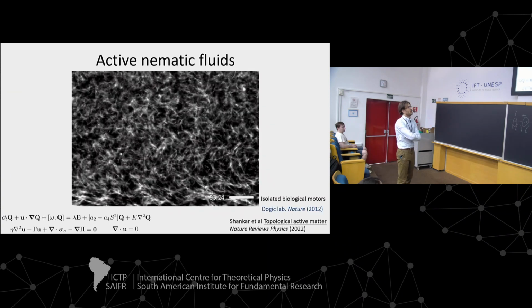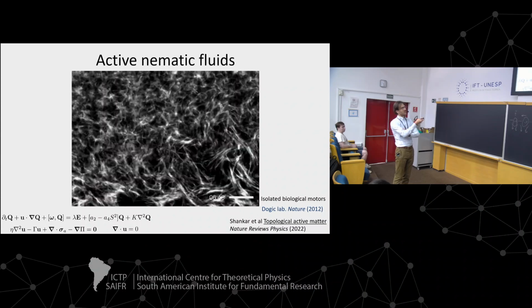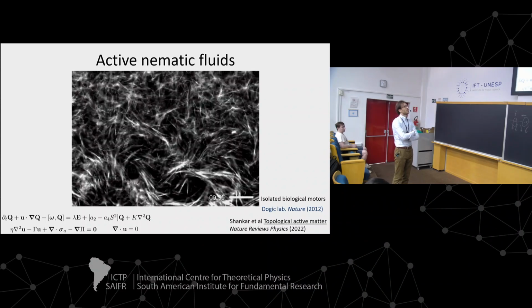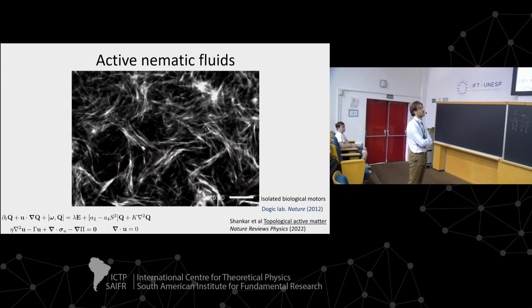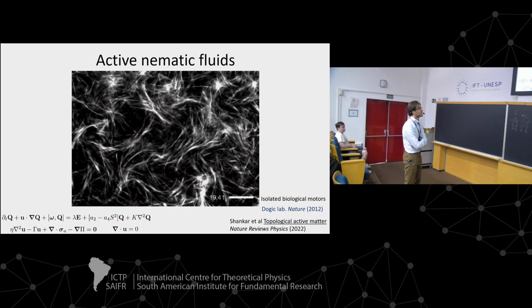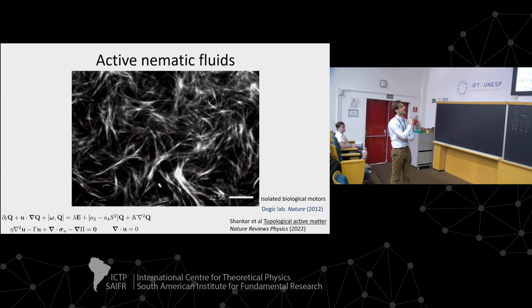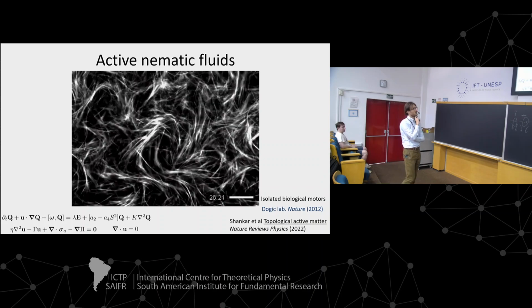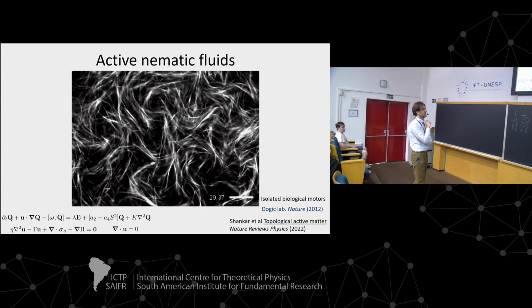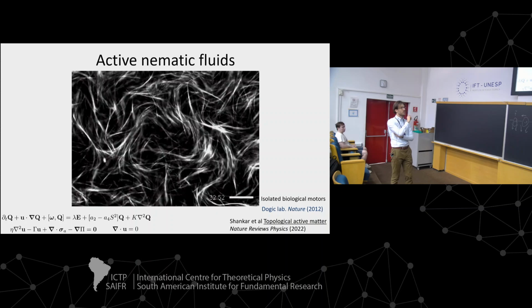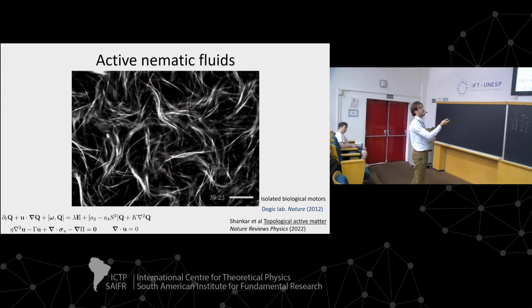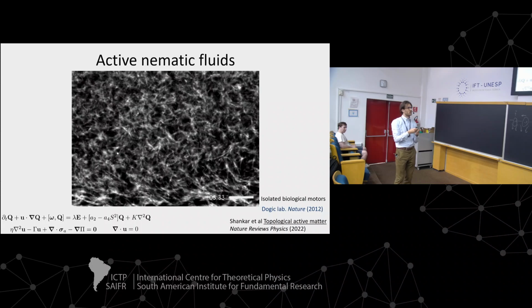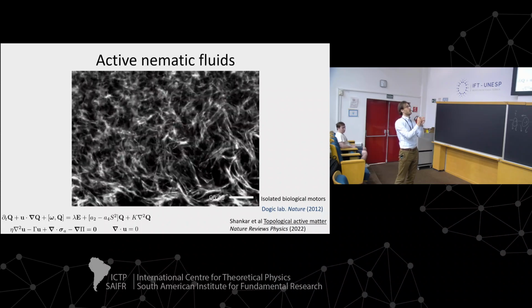You can imagine that to try to understand what's going on here, you need something fairly complex. What's different between the flow in this fluid of filaments and motors and the polar active fluid case is that there isn't a polar preference for these motors to self-propel.